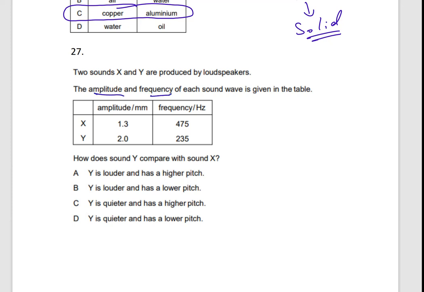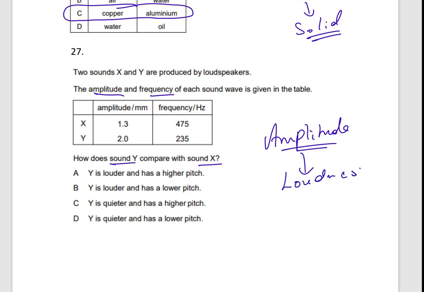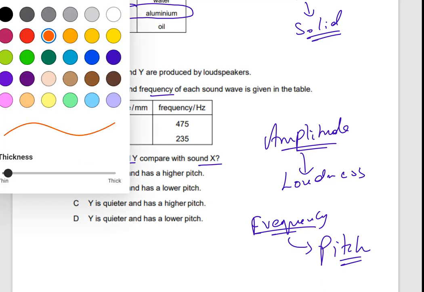The amplitude and frequency of each of the sound waves are given in the table. How does sound Y compare with sound X? Remember, amplitude of the sound has to do with the loudness of the sound, whereas the frequency of the sound has to do with the pitch of the sound.